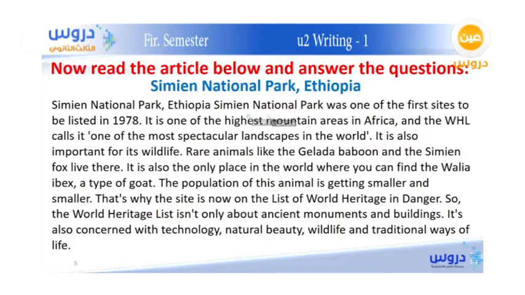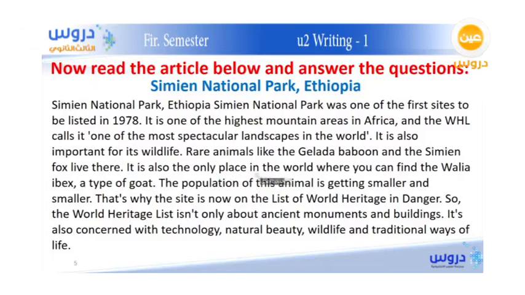Simien National Park. Ethiopian Simien National Park was one of the first sites to be listed in 1978. It's one of the highest mountain areas in Africa, and the WHO calls it one of the most spectacular landscapes in the world. It is also important for its wildlife. Rare animals like the gelada baboon and the Simien fox live there.